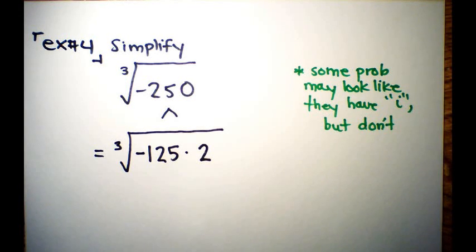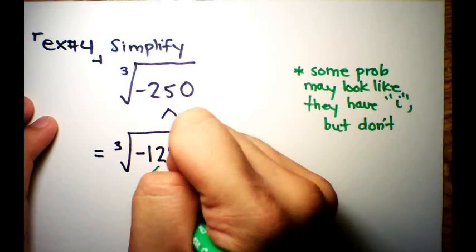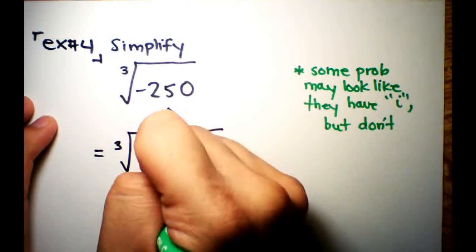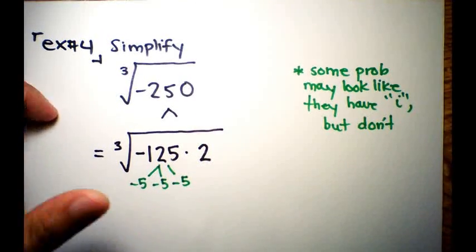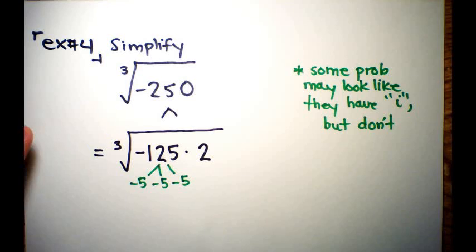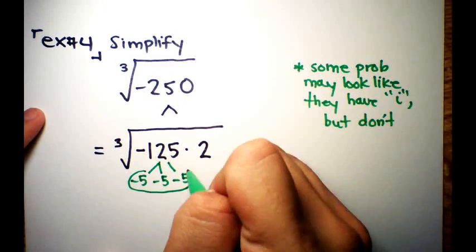Now this is the reason why we had to review some cubes, because we do find a triplet with a negative 125, and that triplet is negative 5 times negative 5 times negative 5. Why is that so? Because negative 5 parentheses cubed is a negative 125. So we've already found our triplet right over here.